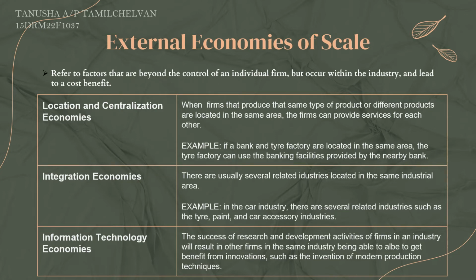Location and centralization economies: when firms that produce the same type of product or different products are located in the same area, the firms can provide services for each other. Example, if a bank and a tire factory are located in the same area, the tire factory can use the banking facilities provided by the nearby bank.